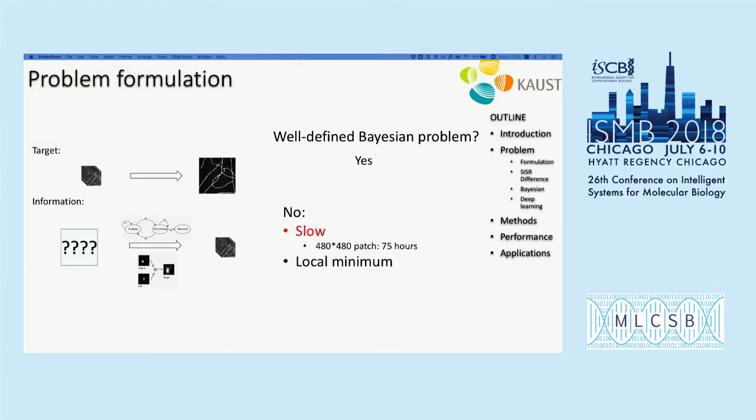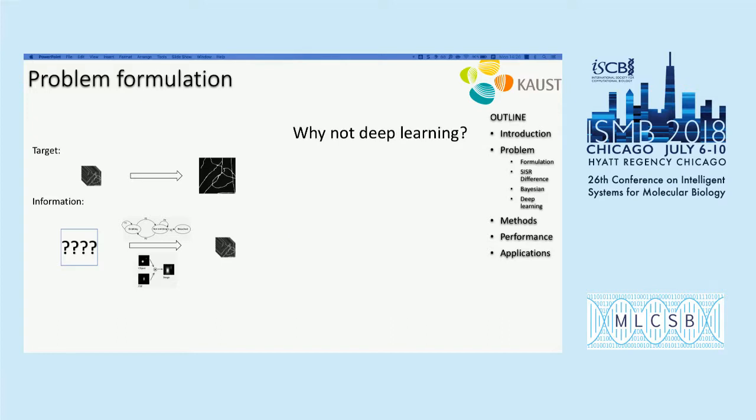For example, the previous state-of-the-art method, the 3B method, will take 75 hours to just reconstruct a middle-sized structure. And besides, the Bayesian method may have a very high risk of getting stuck in local minima. So why not use deep learning? If we can train a working deep learning model on this problem, probably we can reconstruct the structure using just one run of forward propagation, which can take less than 1 minute.